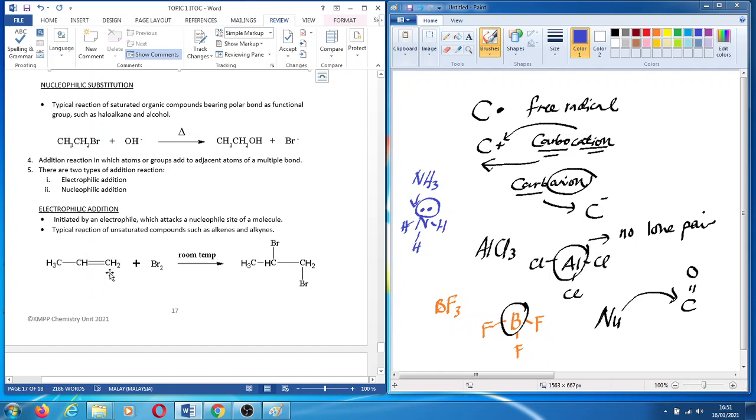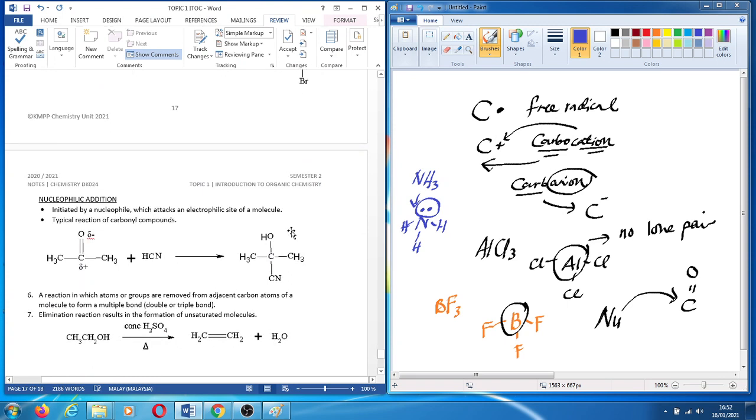Because this is rich with electrons, initiated by an electrophile which attacks a nucleophilic site of a molecule. Thereby, if you look, the bond will be broken here. Addition means add. When you break the double bond, it will be a single bond, and then you add the electrophile, Br and Br.